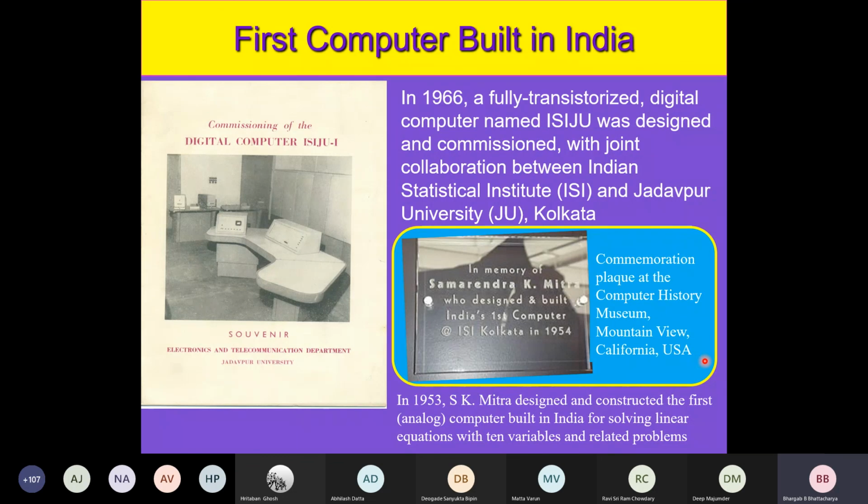It reads: in memory of Shamarendra Kumar Mitra, who designed and built India's first computer at ISI Kolkata in 1954. So if someday you get an opportunity to visit this museum in the US, and if you have some time, please go to this place and you would see this plaque.